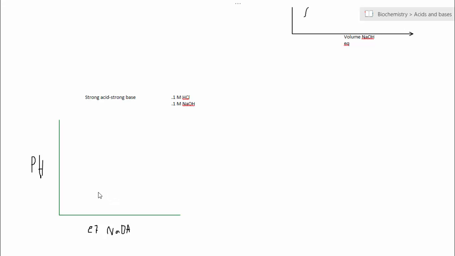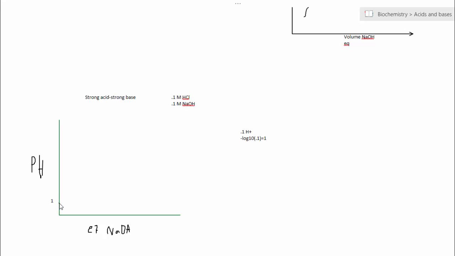The first point of this reaction will depend on the concentration of HCl we already have. In this case, we have 0.1 concentration of HCl, which means that we have 0.1 concentration of H+ in the solution. So we take the negative logarithm of 0.1, and it is 1. So the starting pH is 1.